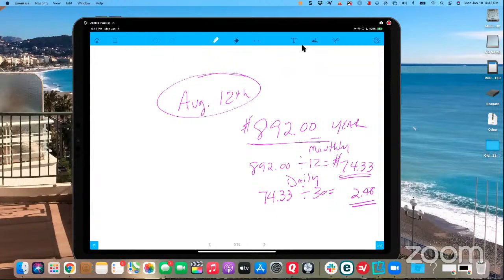And the one thing you have to remember is that taxes are always paid in arrears. So on 12/31, at the end of the year, when you pay your taxes, you're actually paying for the previous year. When I paid my taxes, I waited and I paid it on 12/31.